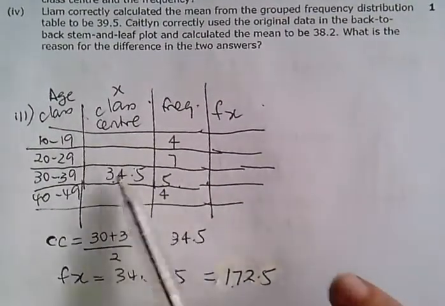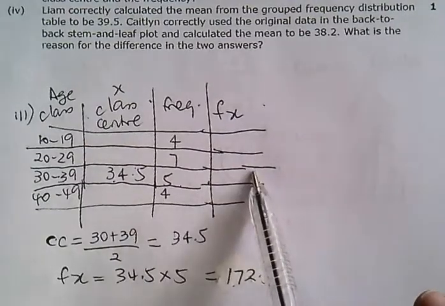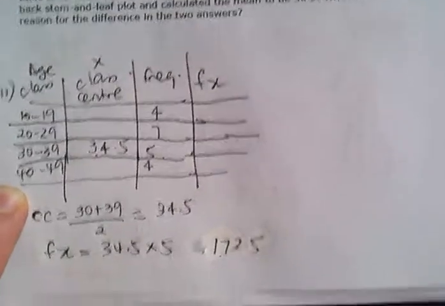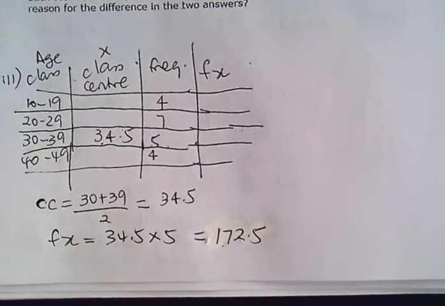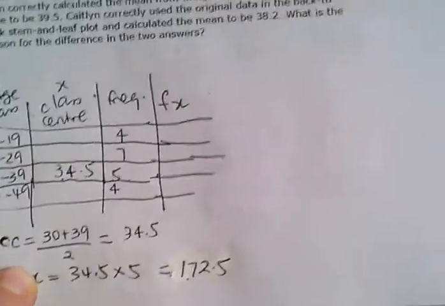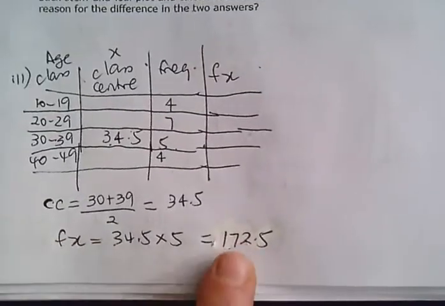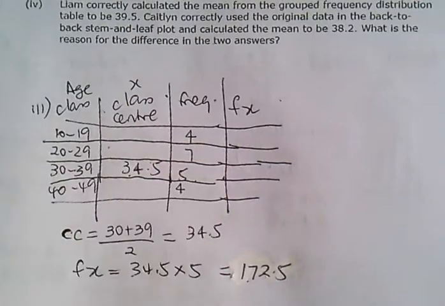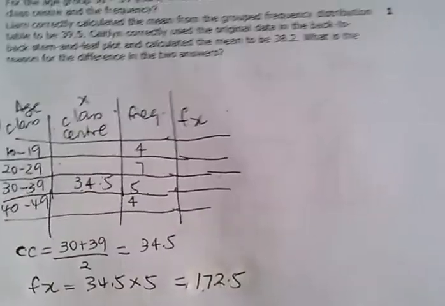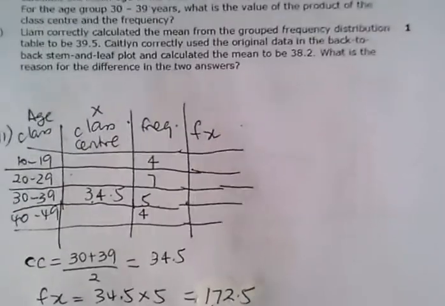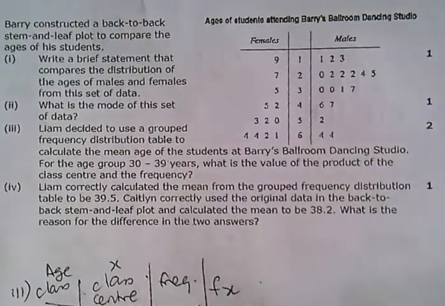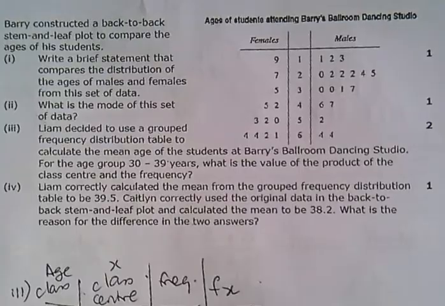Look at this FX, that's supposedly the addition of all the scores from 30 to 39. Do you agree? But if you really add up the scores from 30 to 39, I bet they won't be 172.5. Is this frequency distribution table exact or approximate? If you add up all the scores, get a total, and divide by how many scores, that's exact.